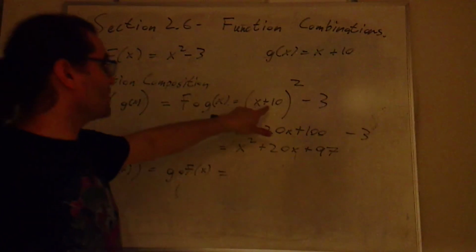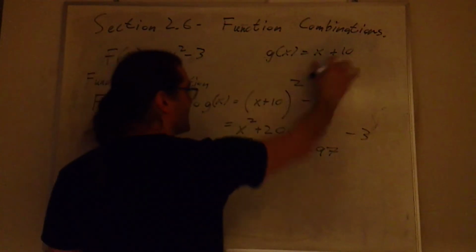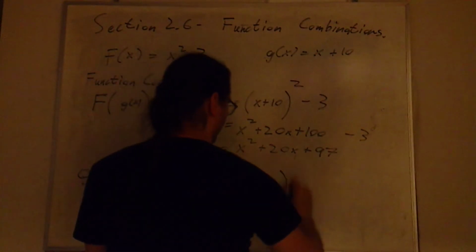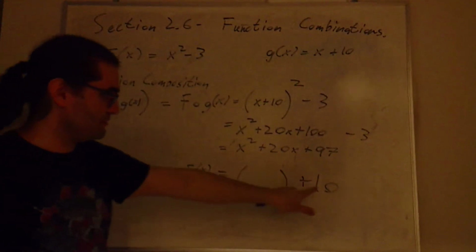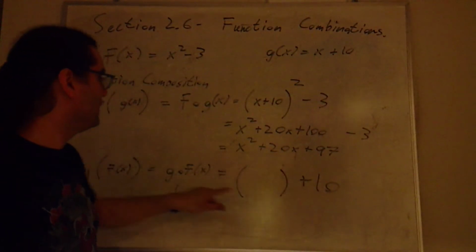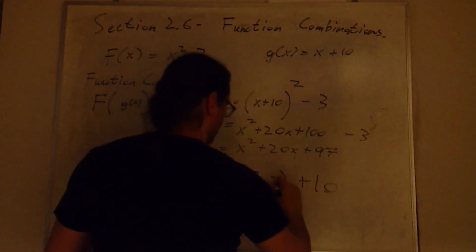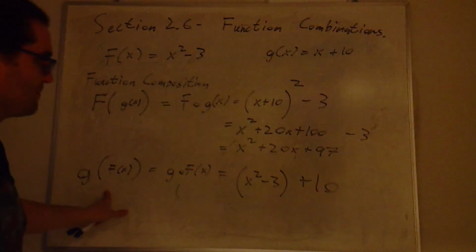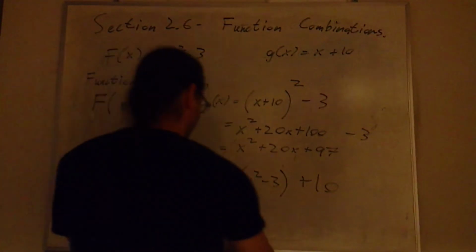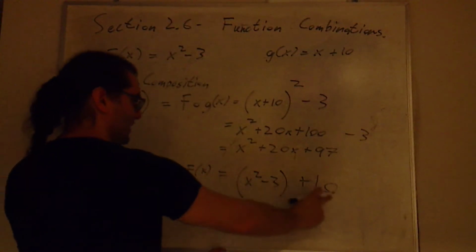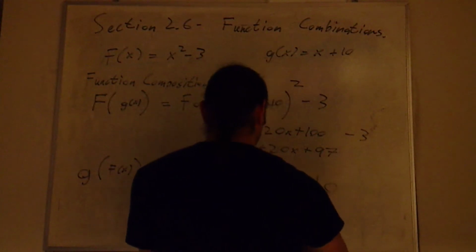So we're going to start with looking at what g does to things. g is going to take something and add 10. So we have something plus 10. Inside of this, we're going to put f. So that'll be x squared minus 3. And again, all we have to do now is simplify. x squared minus 3 plus 10 looks like it should be x squared plus 7.